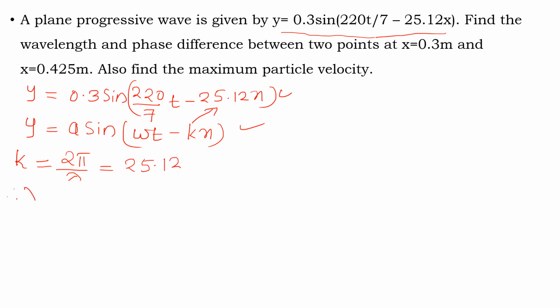Therefore, lambda is equal to 2 pi divided by 25.12, and it is about 0.25 meter. That is, the wavelength is 0.25 meter.